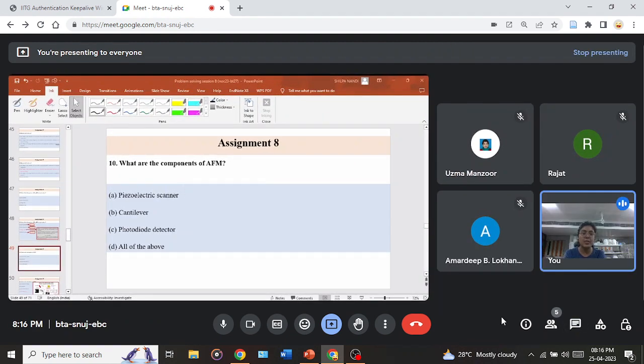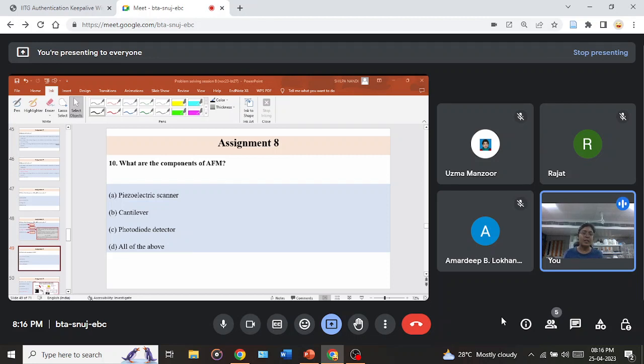AFM is basically atomic force microscopy, right? You have been asked what the components of atomic force microscopy are.